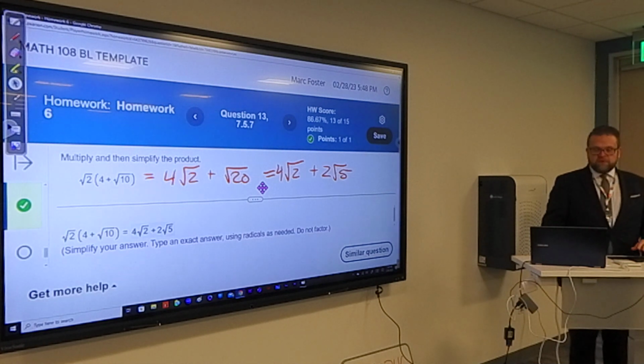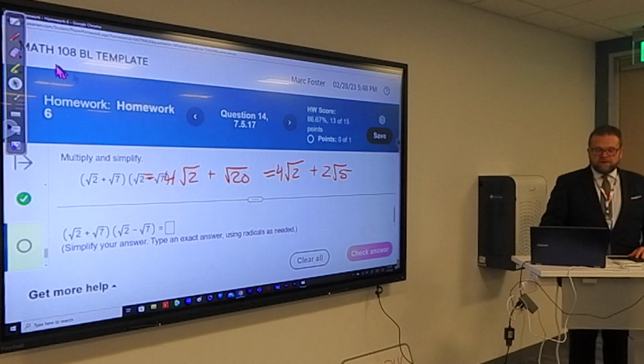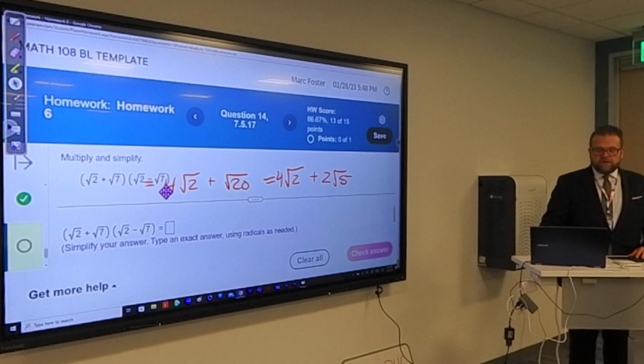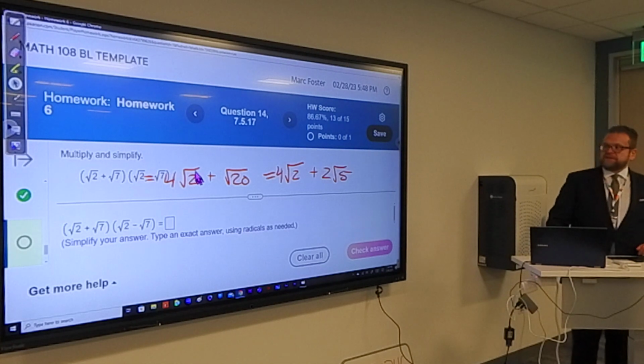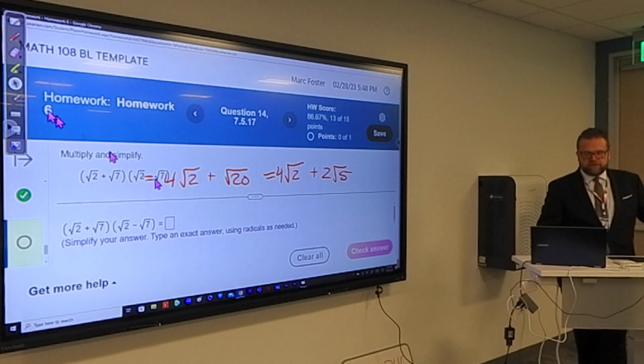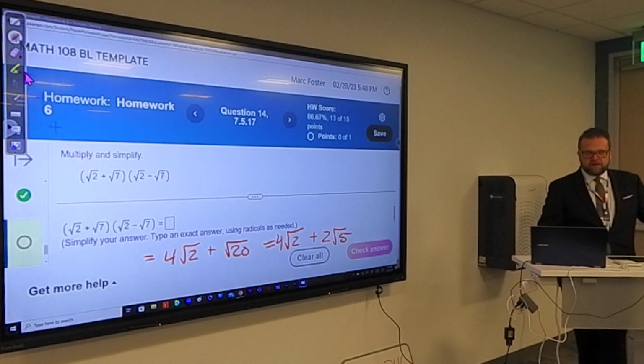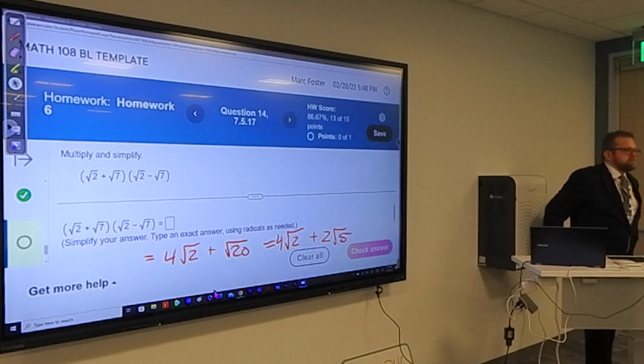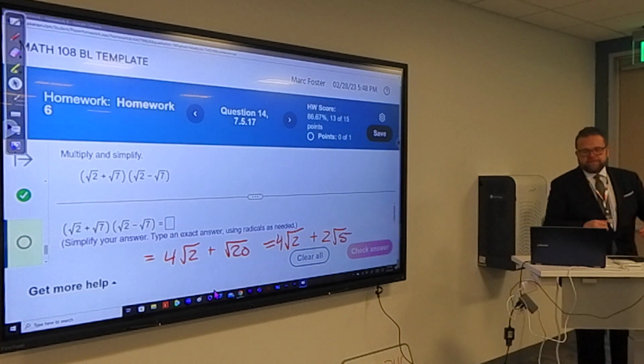The last two, I can see immediately what the answer is. Can anyone else? -5. How do you do that?